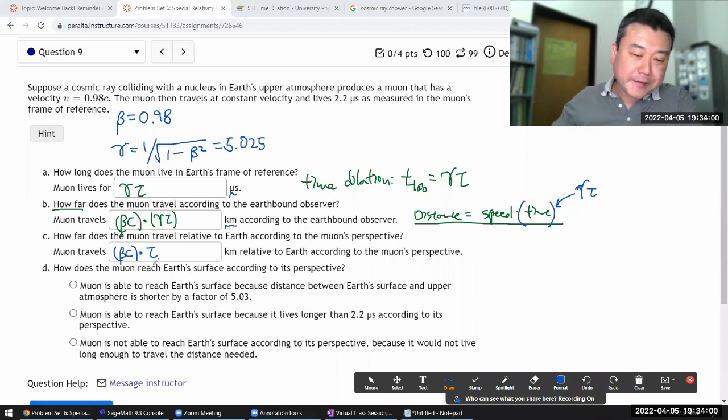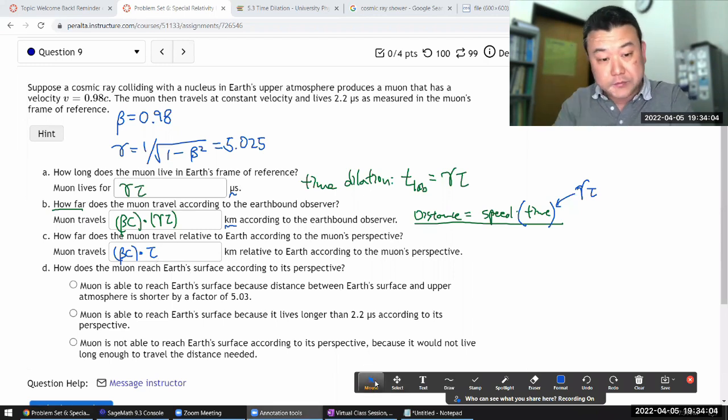And part D gets to that example that I was pointing to earlier. Given that in the muon's perspective there's 5 times less time, how does the end result end up being the same with the perspective in B and C?